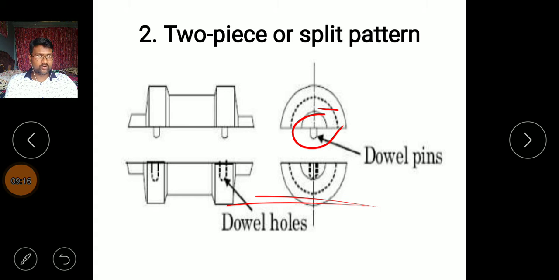It consists of two parts: the bottom one is known as the drag pattern, the top one is known as the cope pattern. These two patterns are aligned at the interface of the parting surface by using dowel pins. This is known as dowel pins. It is used to align the two pieces properly.